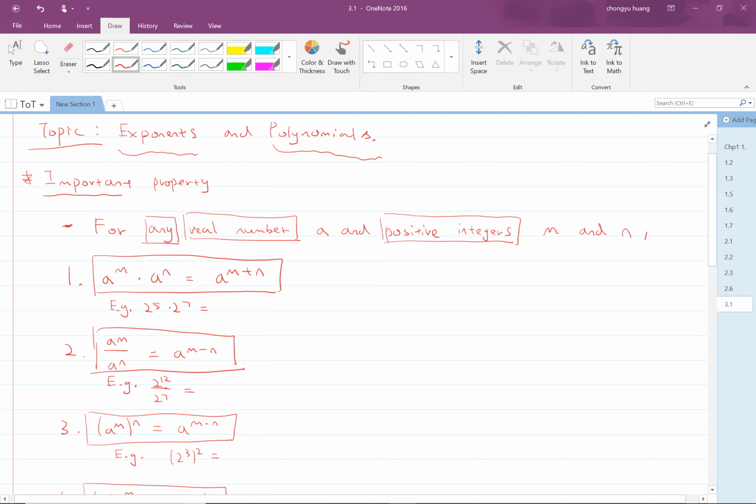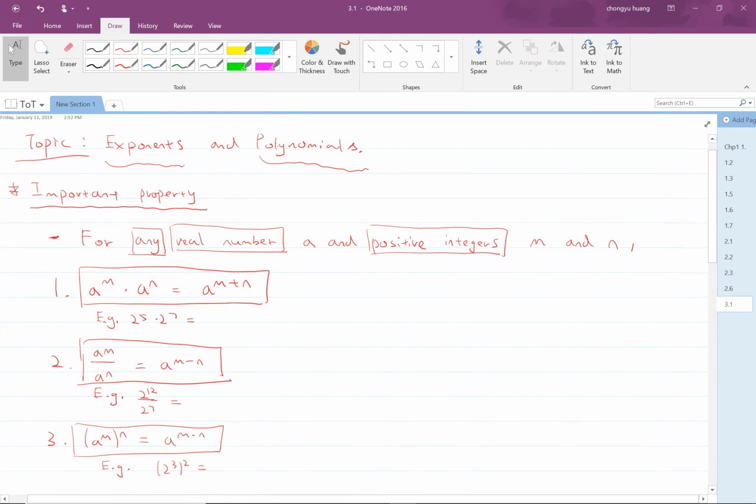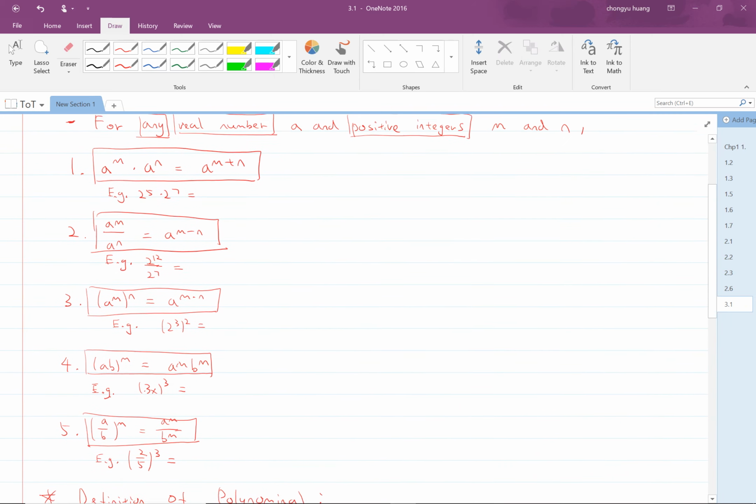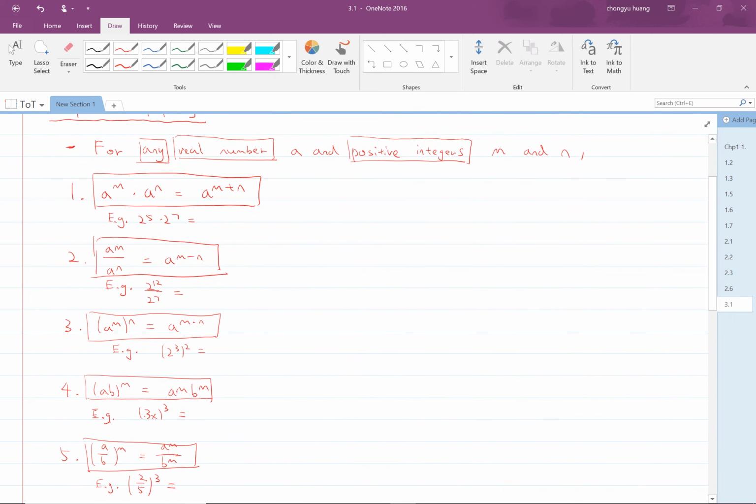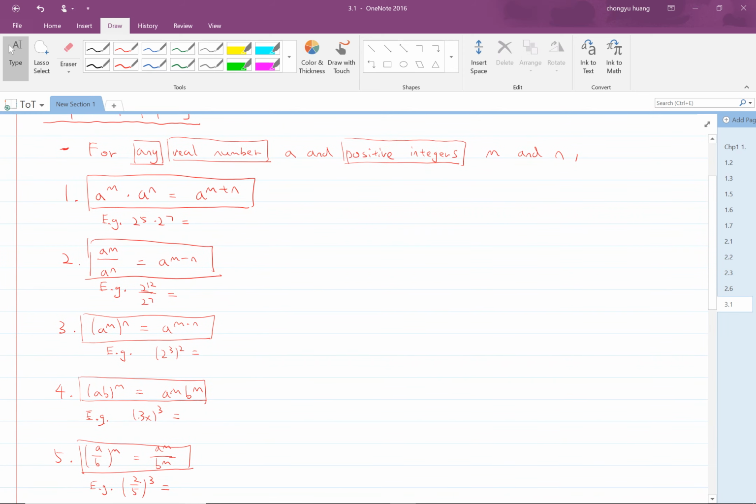So, important properties. At the beginning there are some conditions for those properties. We have a total of 5 properties over here, and we have some conditions for them.